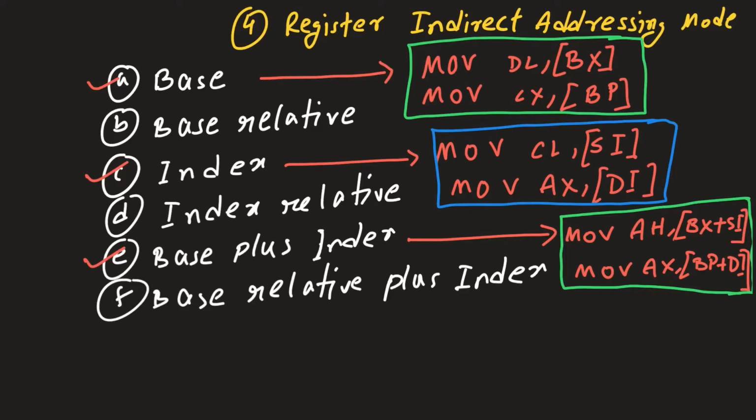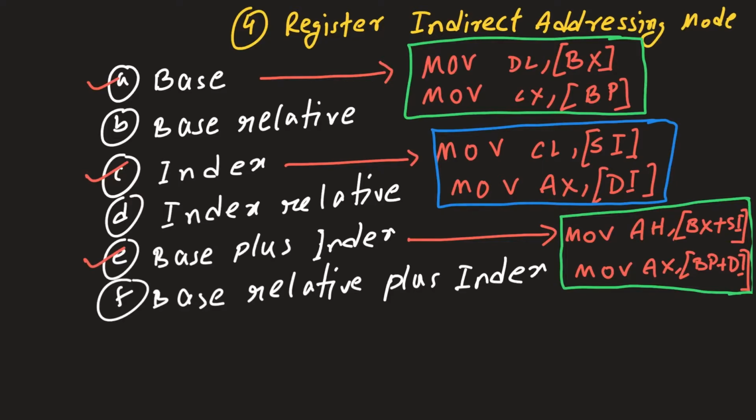In index addressing mode, SI and DI registers are the memory pointers. And lastly, in base plus index addressing mode, the sum of the content of a base register, that may be BX or BP, and one index register, that may be SI or DI, is used as a memory pointer.